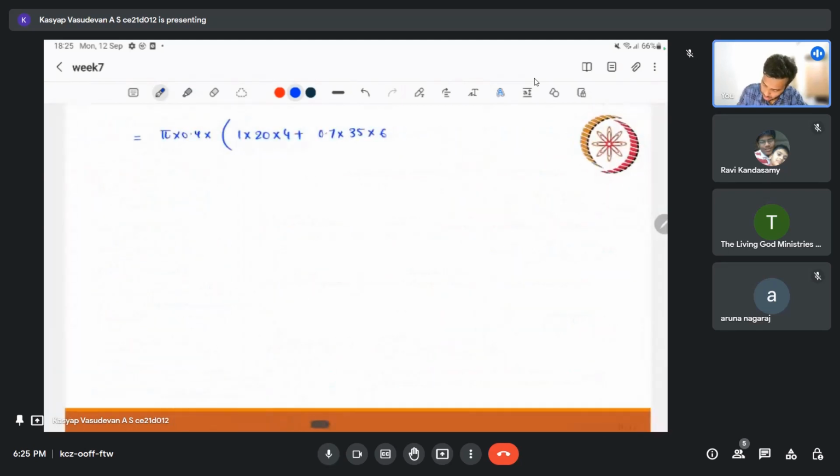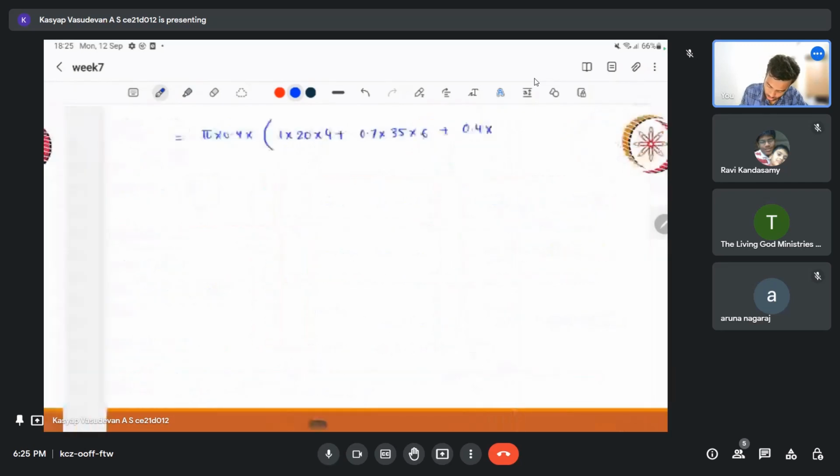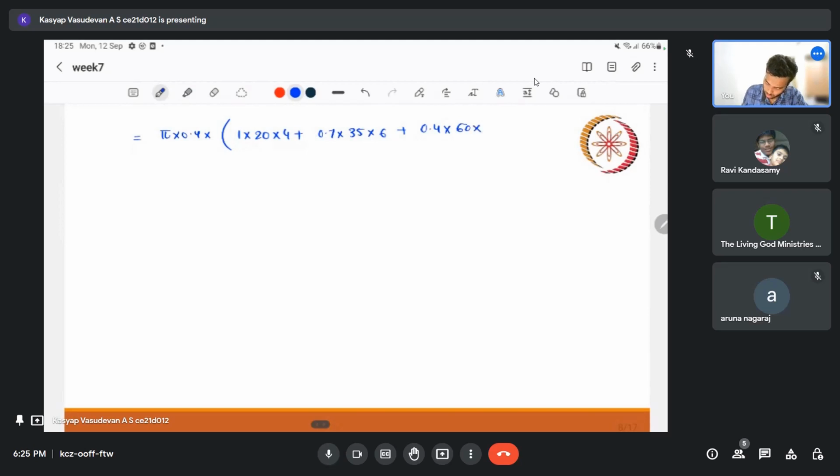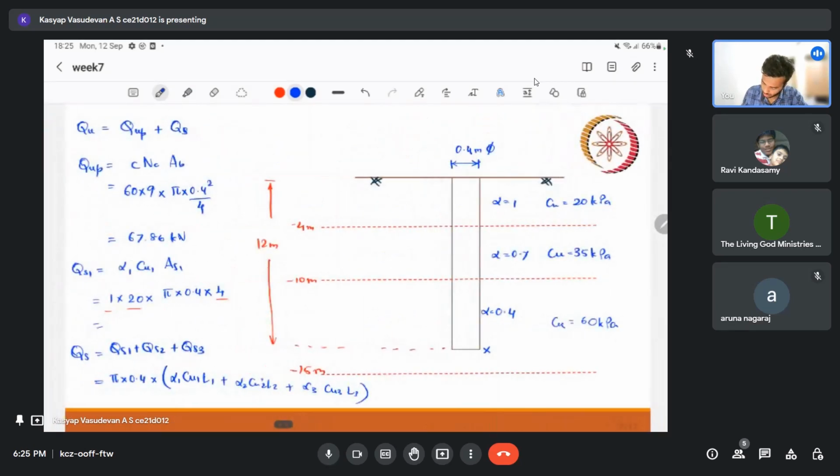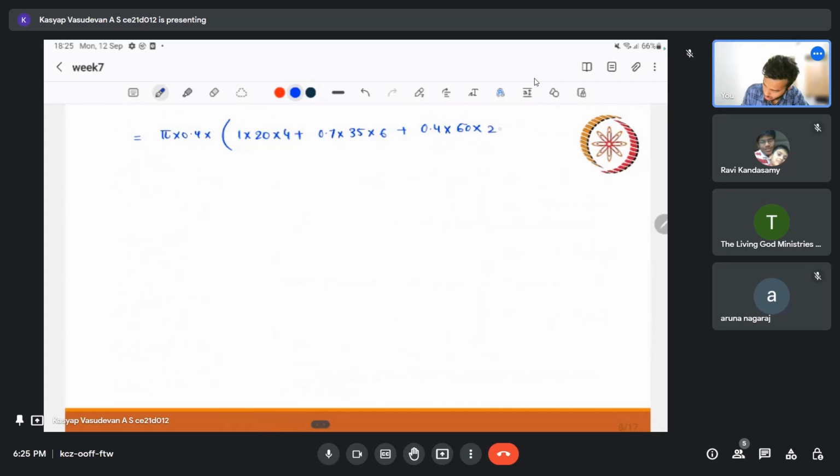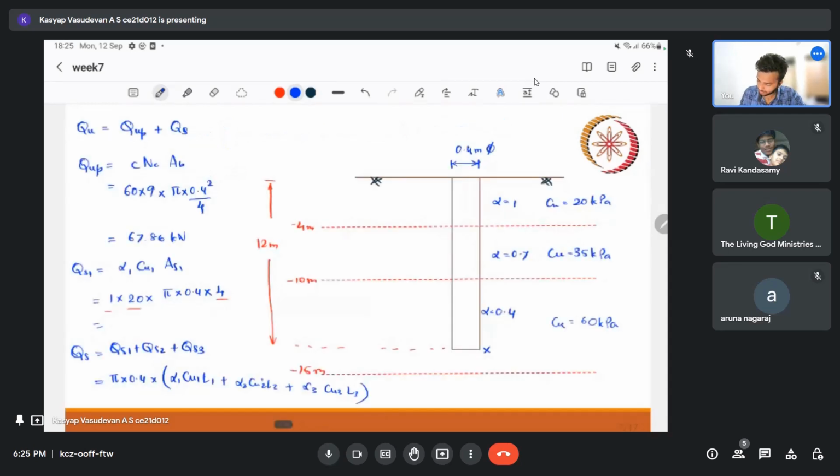Then plus alpha 3, that is 0.4, times Cu, which is 60, times 2 meter, from 10 to 12. So this comes out to be 345.58.